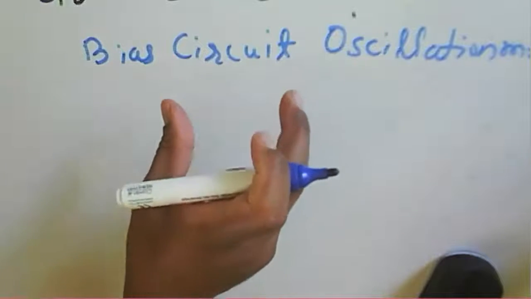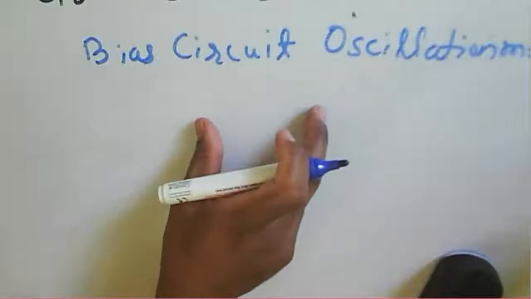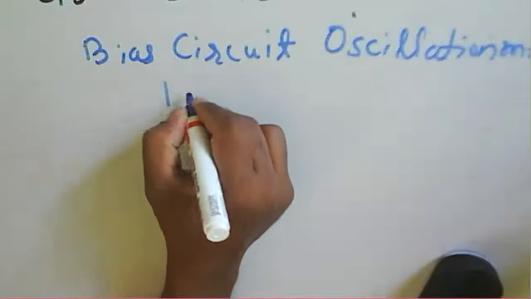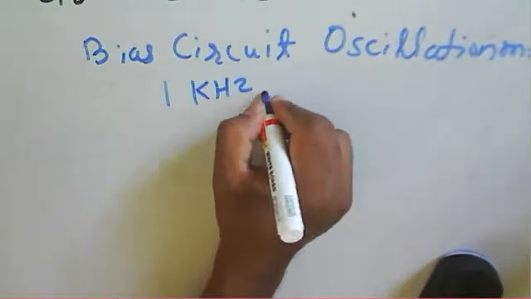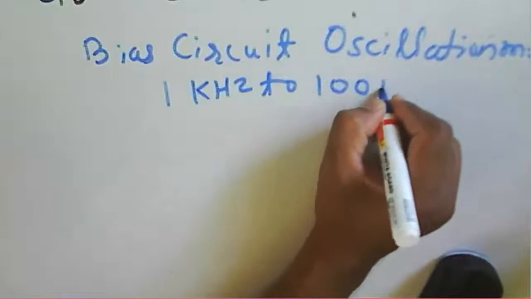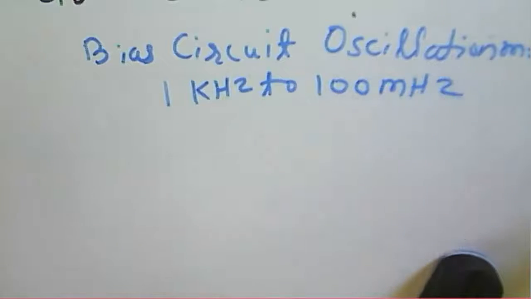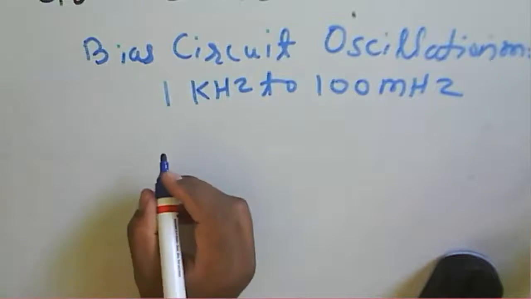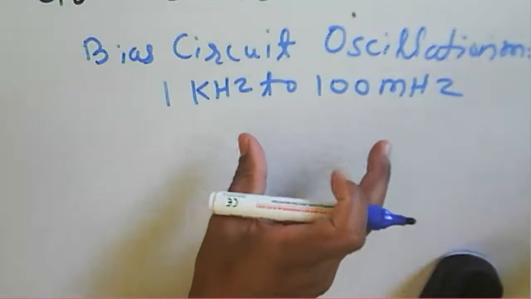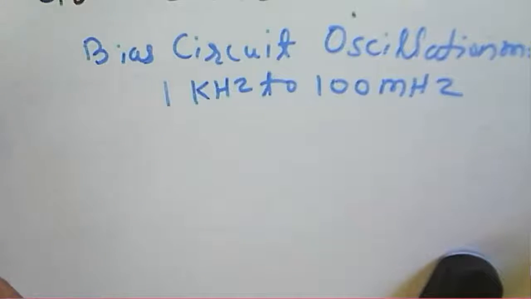In the bias circuit oscillation mode, the operating frequency ranges from 1 kilohertz to 100 megahertz, which is very small.